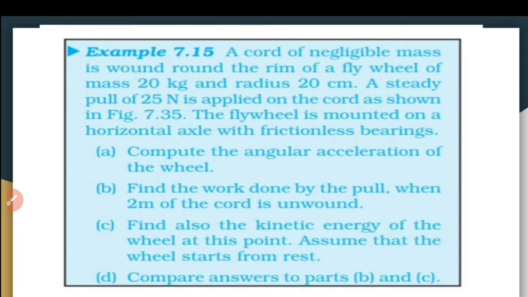Compute the angular acceleration of the wheel, and the work done by the pull when 2 meters of the cord is unwound. Find also the kinetic energy of the wheel at this point. Assume that the wheel starts from rest. Compare the answers to parts B and C.